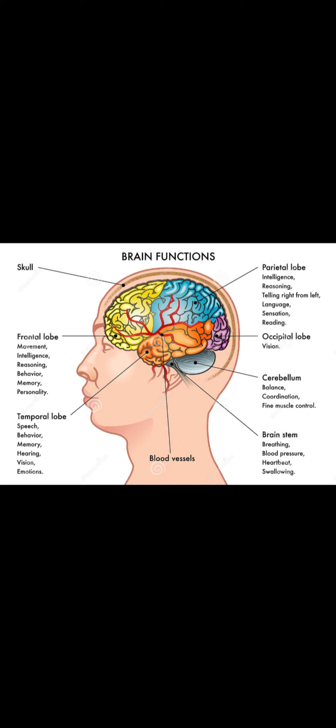Cerebellum is connected right behind the brainstem, and the two parts of your brain that control your vision and language sensation, along with other parts, are located towards the back top of the brain.